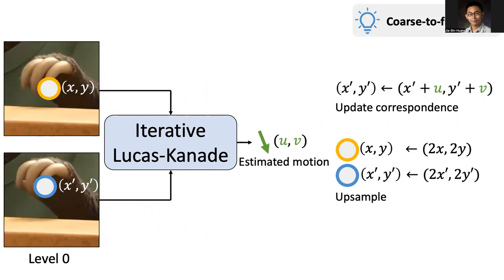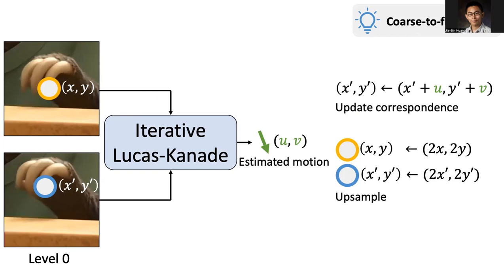So the main idea is that you assume the brightness is constant, you assume that the motion is small, and that nearby pixels move similarly. From these 3 assumptions, you derive how you could solve for the unknown motion for every pixel, u and v. But the problem is that this only works when you have small motion. Therefore, for real world cases, what you need to do is make any large motion into small motion.